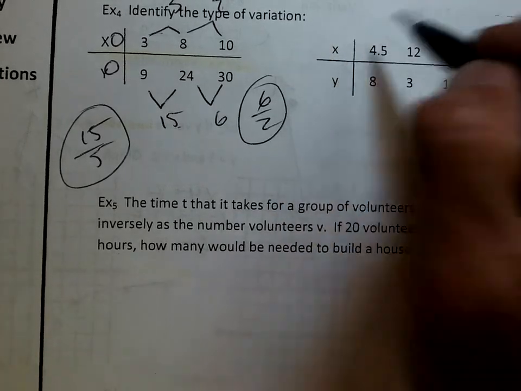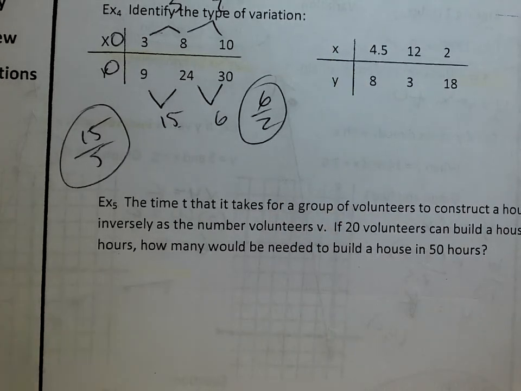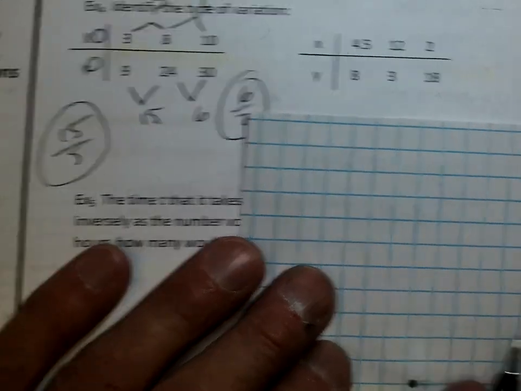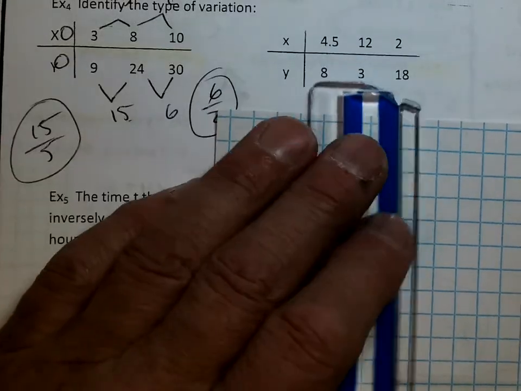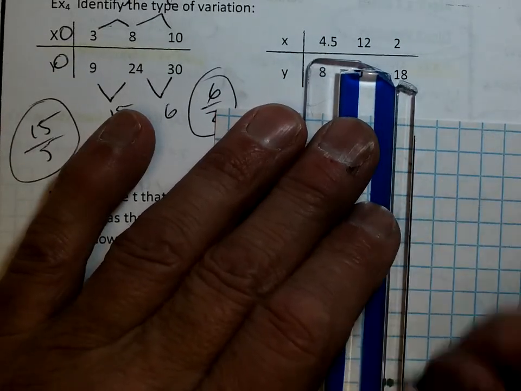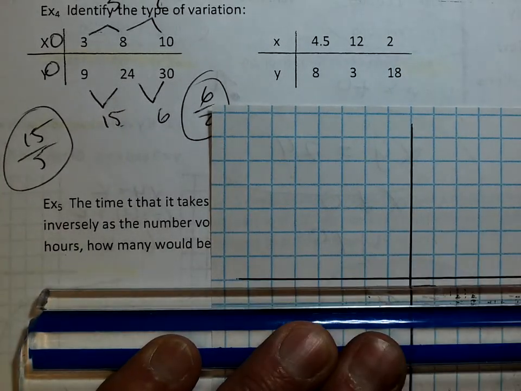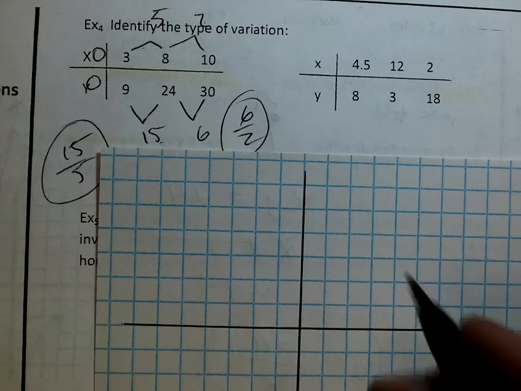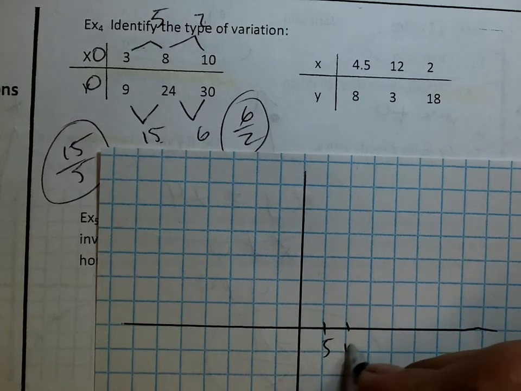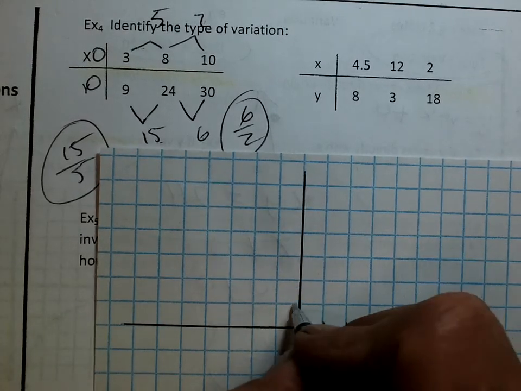How about this one? Well, let's graph it. I think the best way is to take a look at it. What does it look like? So, picture's worth 1,000 words, right? All right, I'll go by 5s again: 5, 10, 15. I'll just be careful where I put the points.